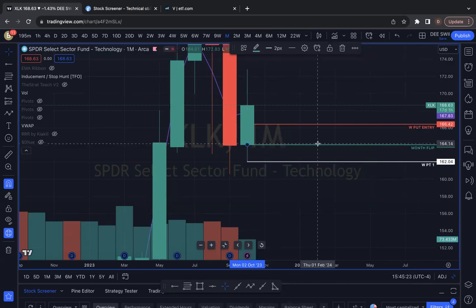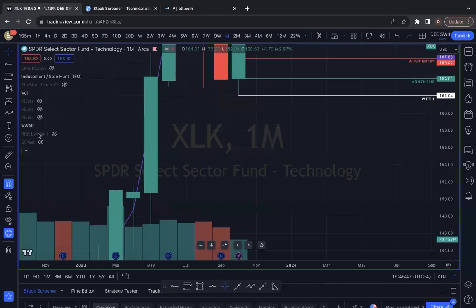Or you could just put the monthly open, and keep in mind if it goes below the monthly open, then it'll turn the candle red. But I like to call it the flip because it flips from green to red. This is the level right here because this is where the candle opened. If it goes below this level, it'll turn this candle red.